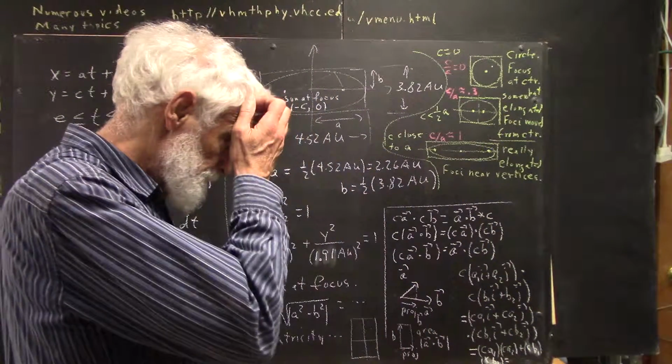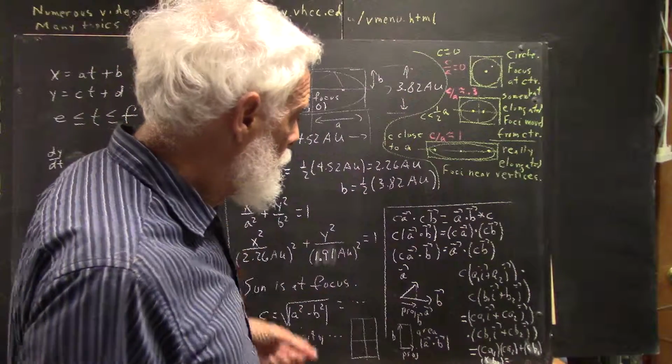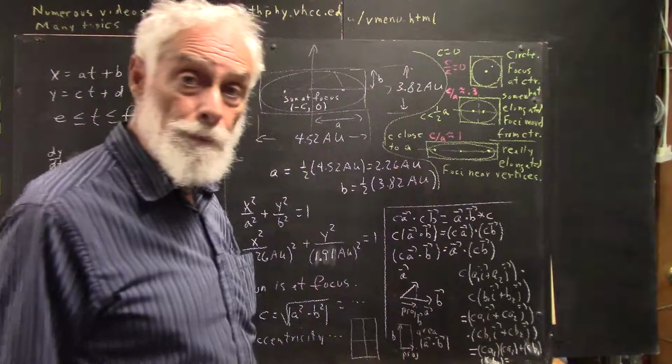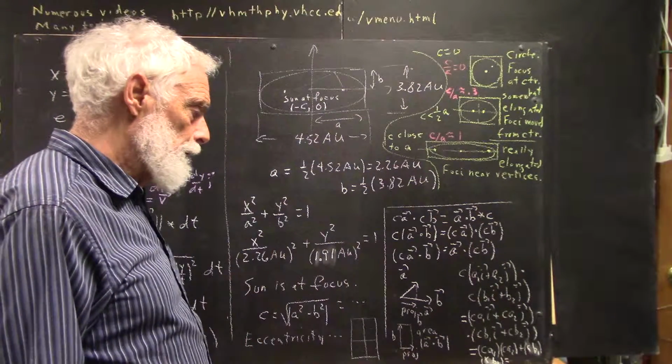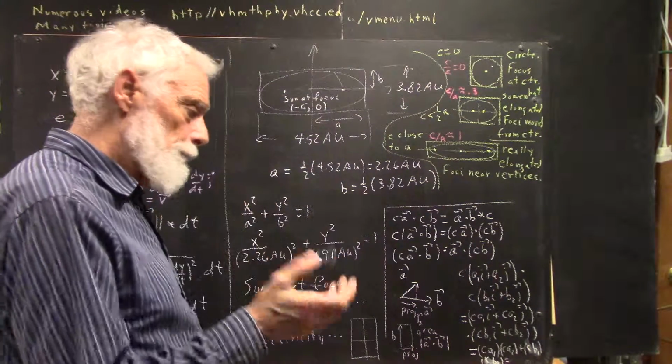Another way to look at it: here's A, here's B. Now, the dot product is related to the projection.